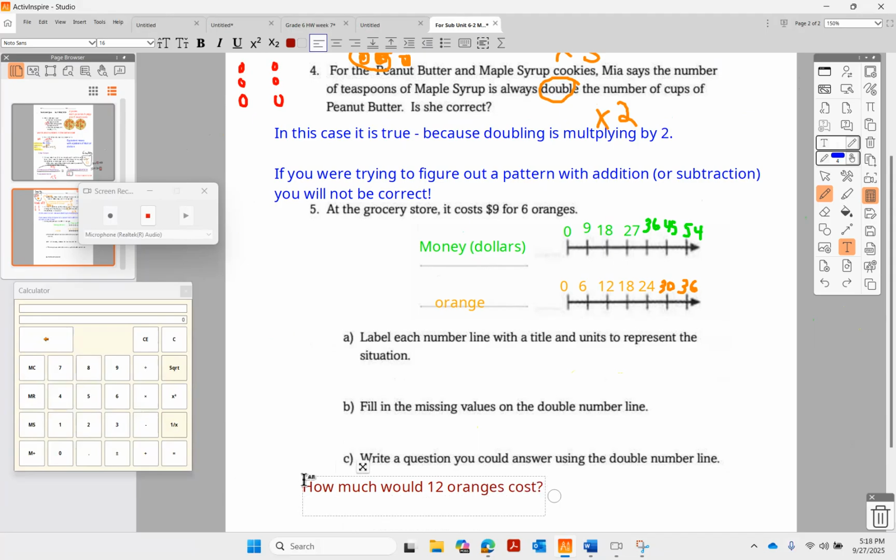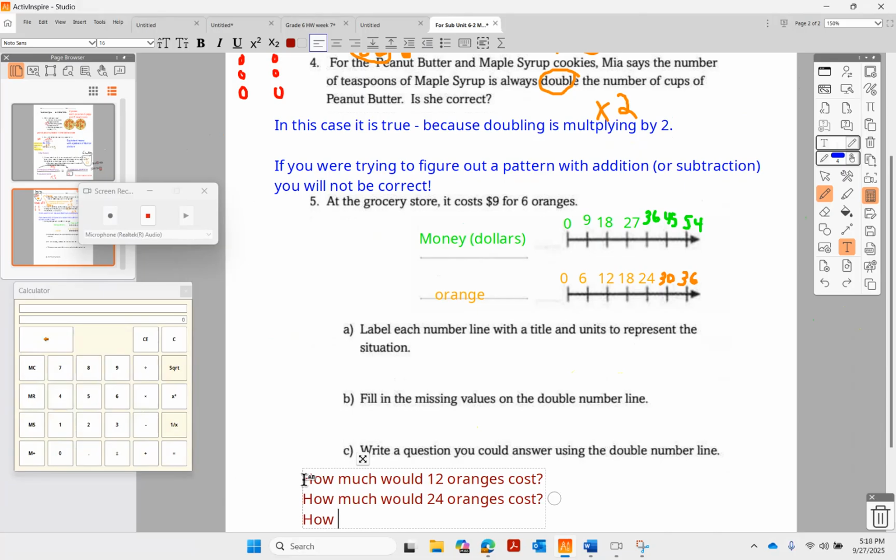How much would 24 oranges cost? You could do, how many oranges could you buy with $27? So there's 3 different questions. You only have to do one. I gave you an example.